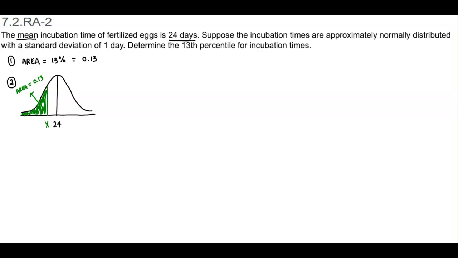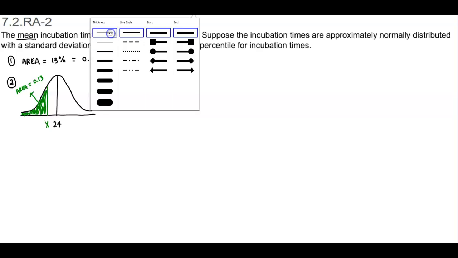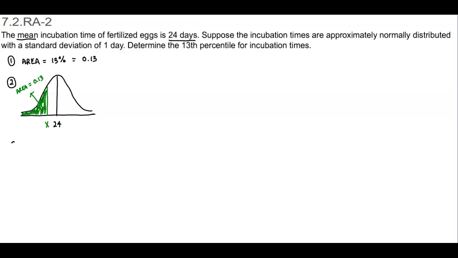So what we now need to do is find a z-score corresponding to the area that's equal to 0.13.